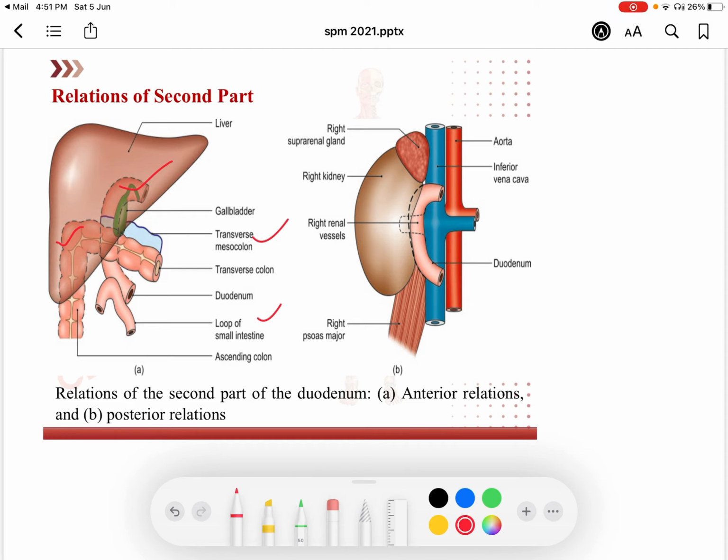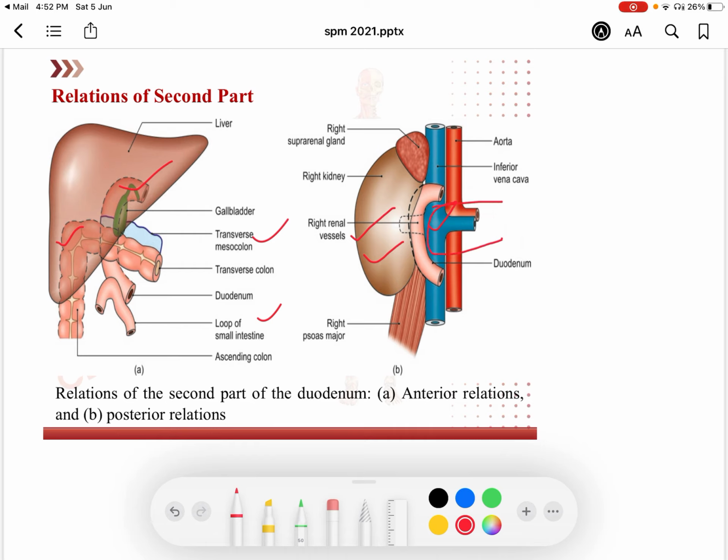In the posterior relation of the second part, there is the hilum of the right kidney, and the structures entering here are the renal vessels, renal artery and renal vein, and the inferior vena cava also lies posterior to this. Medially there is the head of the pancreas.